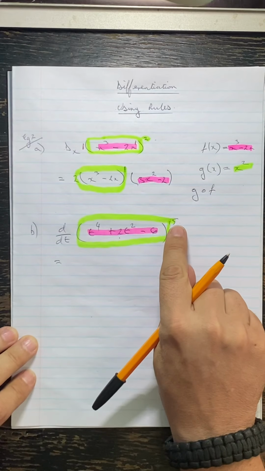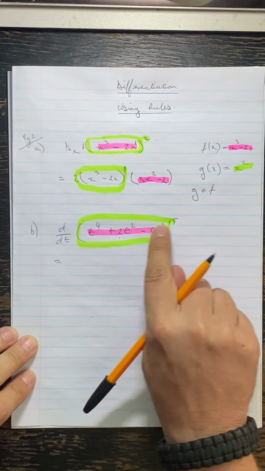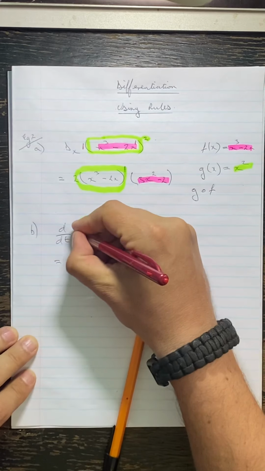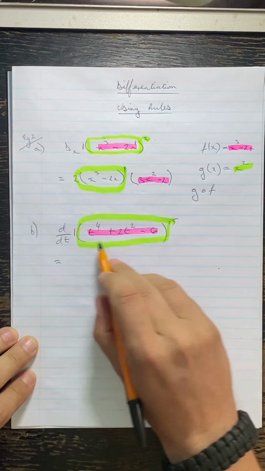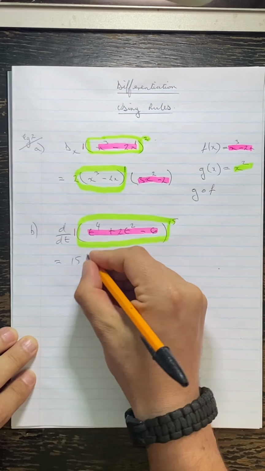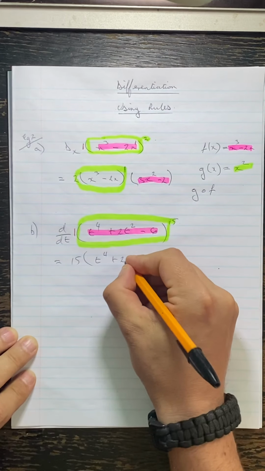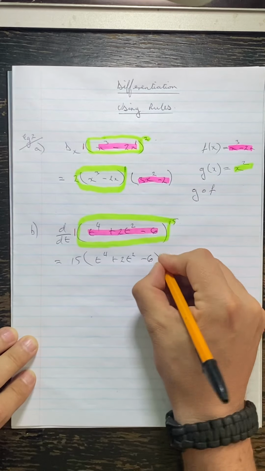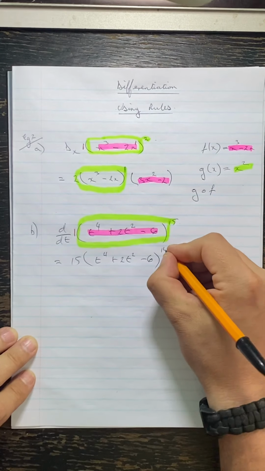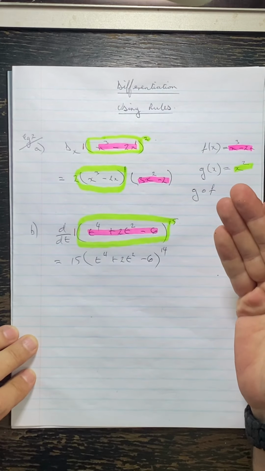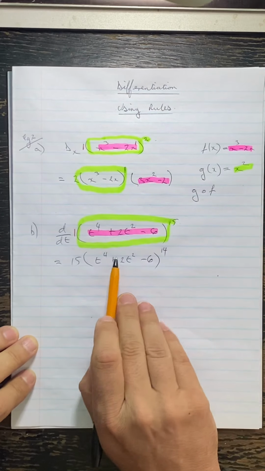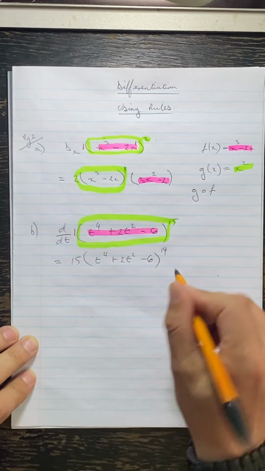So we differentiate the outside function first. 15 times, remember there's a 1 in the front here, 15 times 1 is 15. We leave the inside, and then we decrease that power by 1. So what we've done there is differentiated the outside function. Now we need to differentiate the inside function.